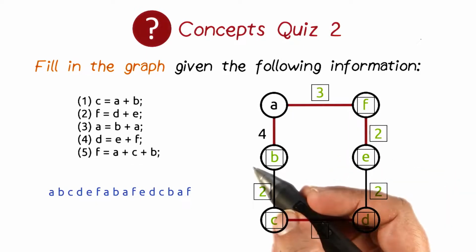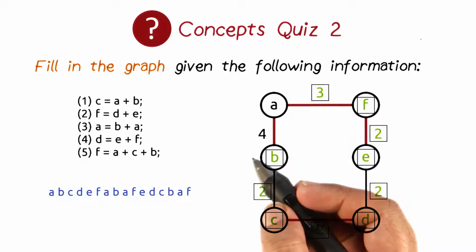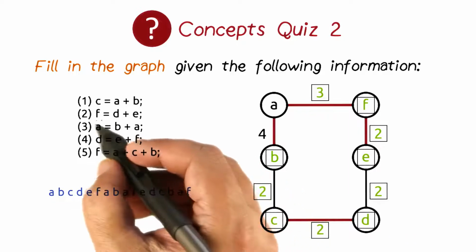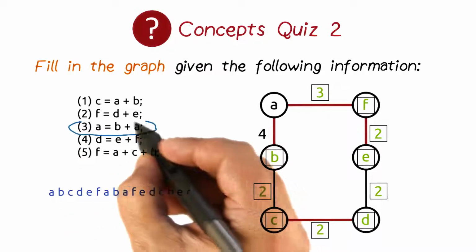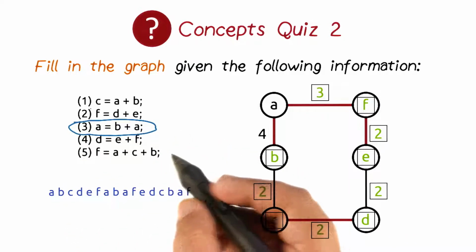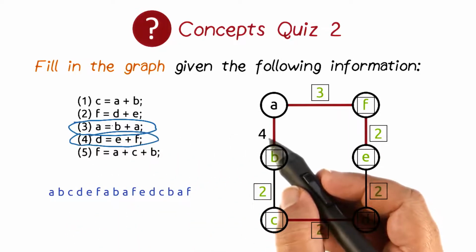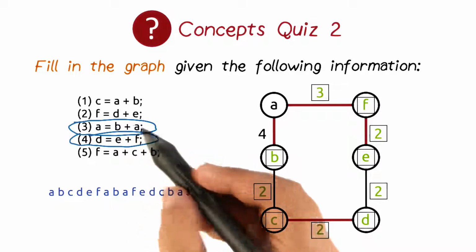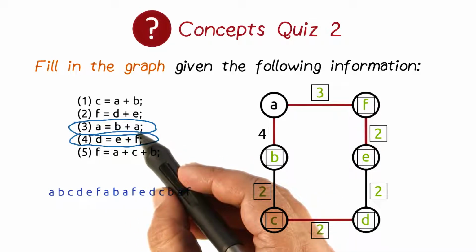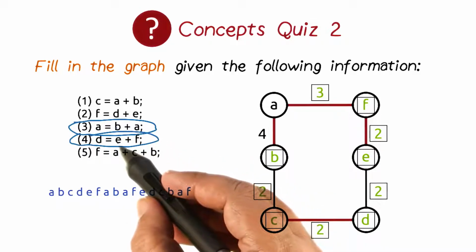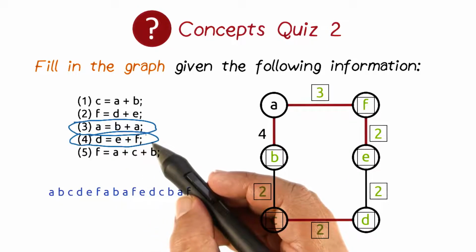And so before we proceed to the next concept, I want to make sure we understand what kind of transformation we did here. So let's focus on instruction number 3 and number 4. We have interchanged A and B here and used the commutative property here. And we have interchanged E and F here, again using the commutative property.